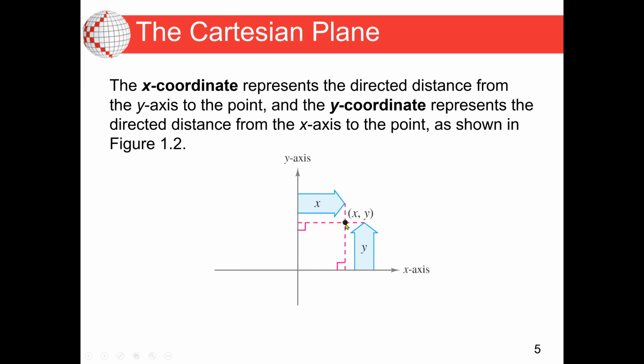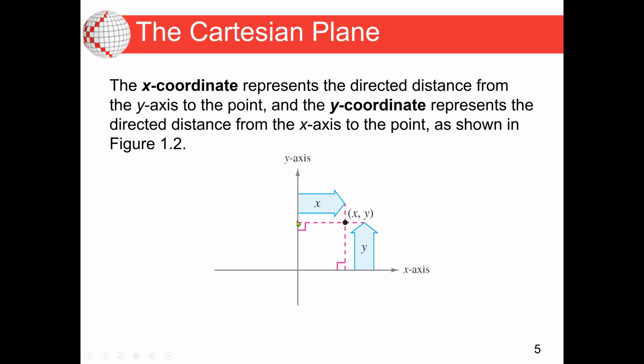If we have a point, normally it will consist of two values. The first value will be the x value and the second value will be the y value. And normally we use the term coordinates. So the x coordinate represents the directed distance from the y-axis up to the point.